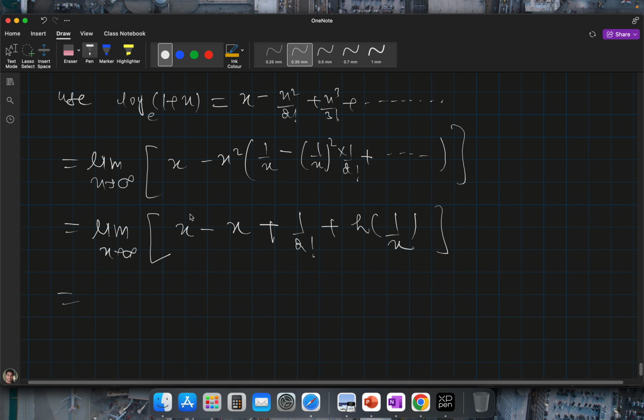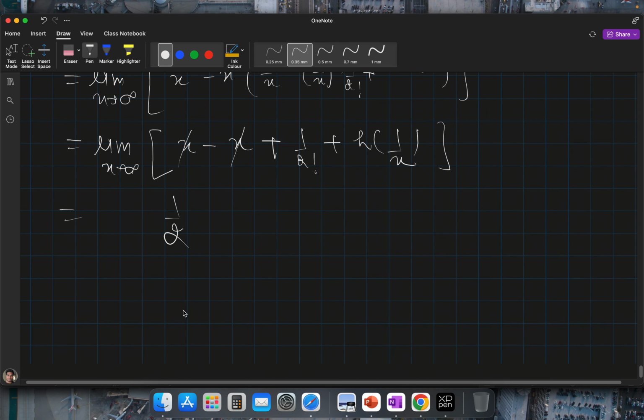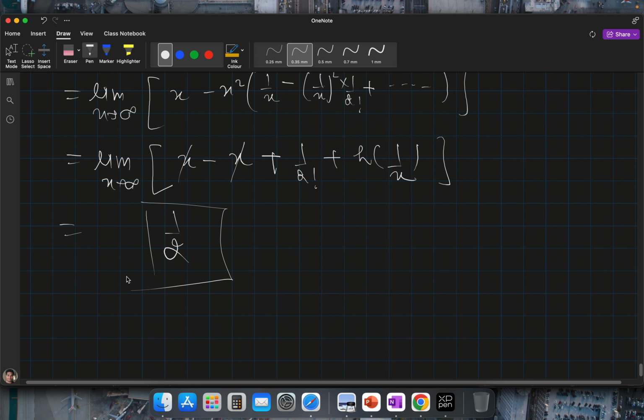Okay, so x will be cancelled out and this will become 1 by 2 and higher order terms of 1 by x, and when you approach x to infinity the whole term will become 0. So the answer will be 1 by 2. So that's it, the limit is over. Fine.